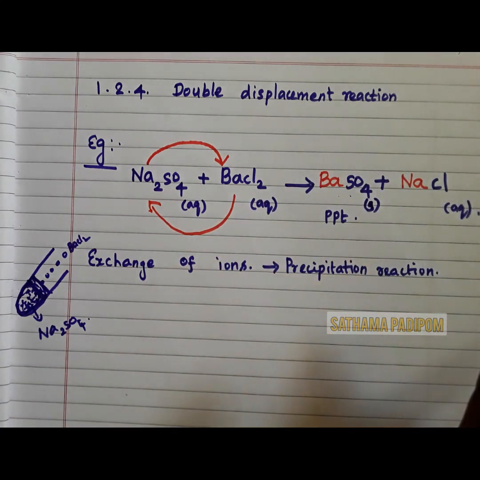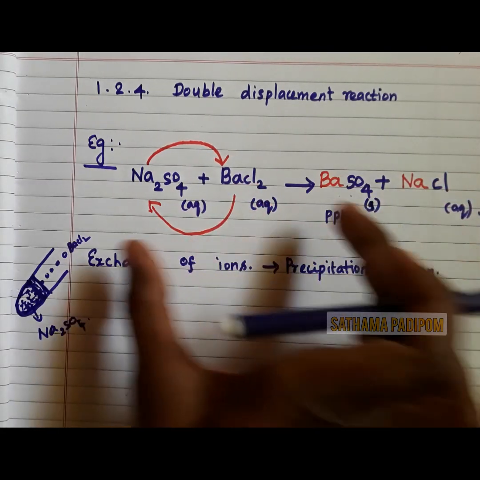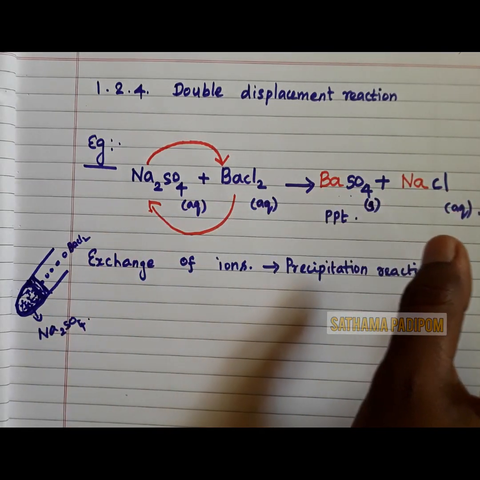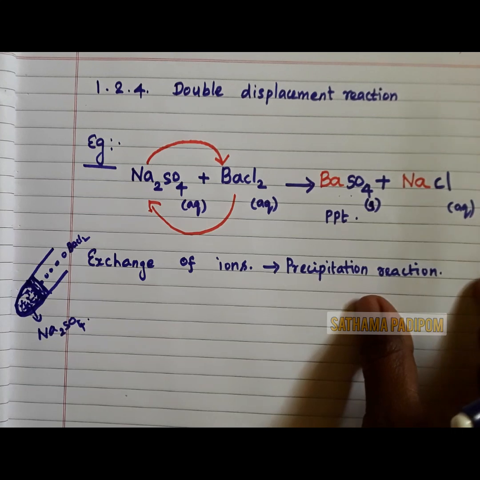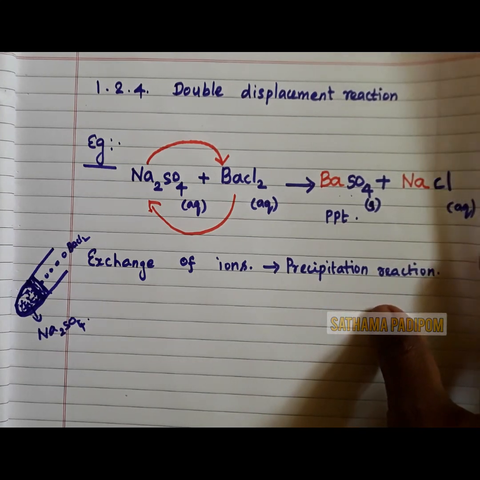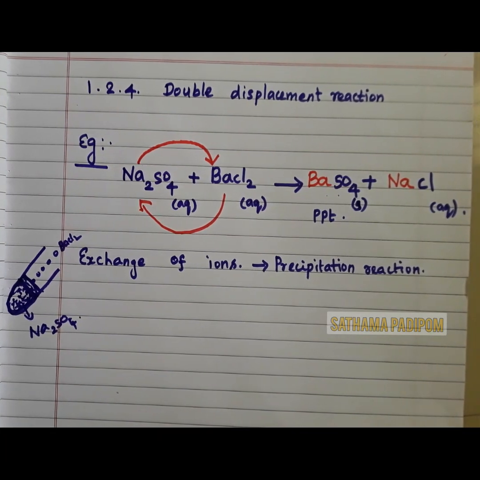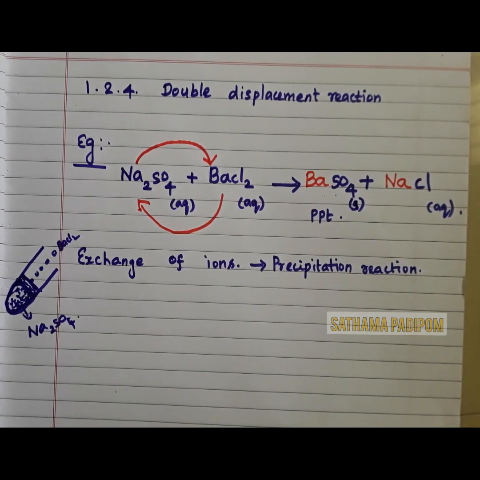You have to write the chemical equation. That is the double displacement reaction. Are you clear? Next class we will discuss oxidation and reduction. What we have discussed so far: combination, decomposition, displacement, double displacement reaction. Okay, thank you.